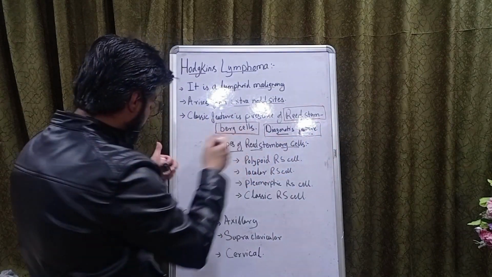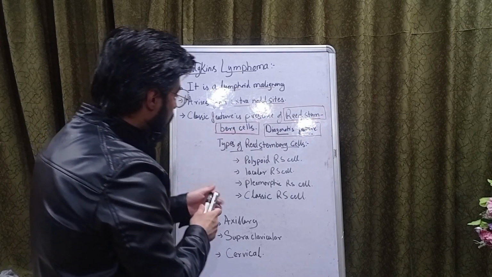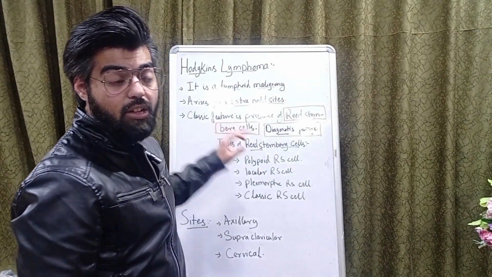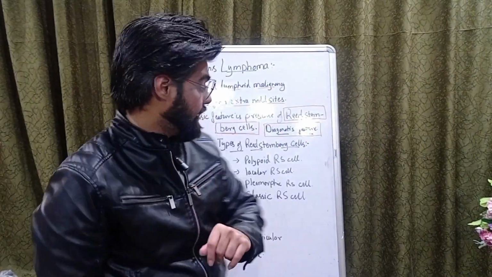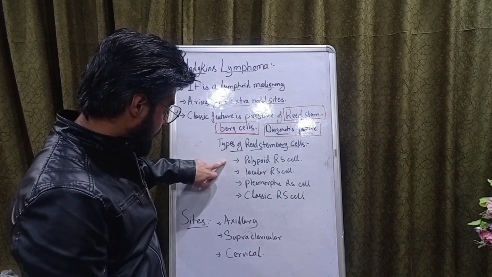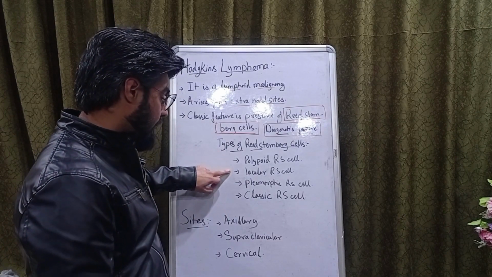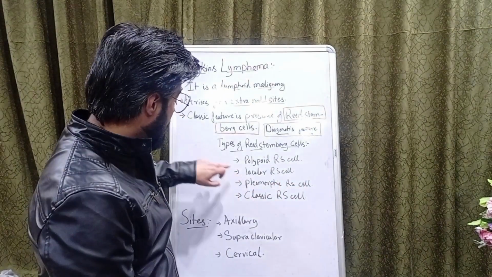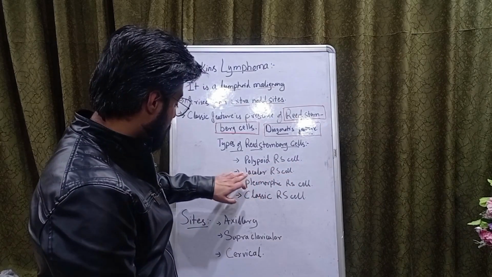Next, once we talk about Reed-Sternberg cells, there are different types of Reed-Sternberg cells, as follows. First comes the polypoid type. Next comes the lacunar type. RS means Reed-Sternberg cell. So the polypoid Reed-Sternberg cell is number one.